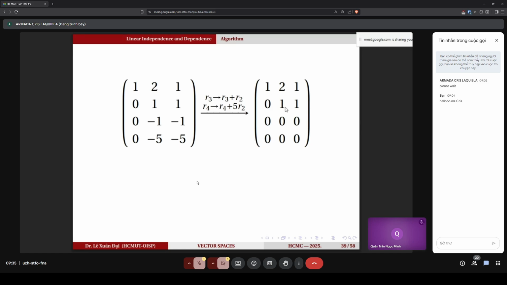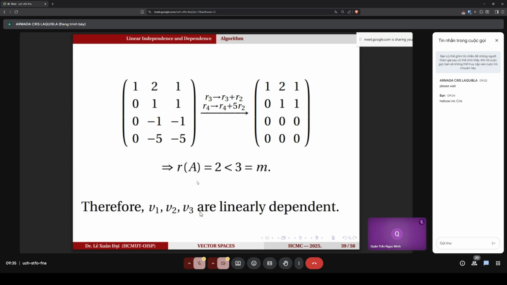So what is the rank here? The rank here is 2. So the rank of A is 2 and not equal to 3, which is equal to your M. And therefore, your V1, V2, V3 are linearly dependent.